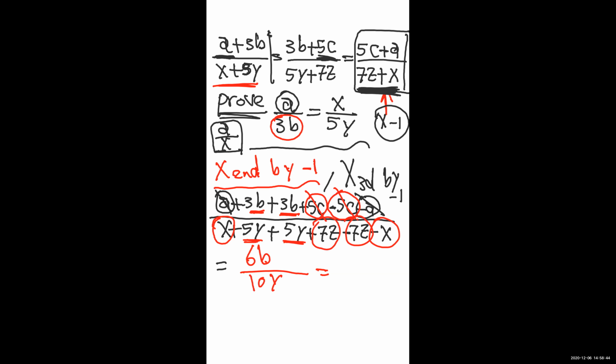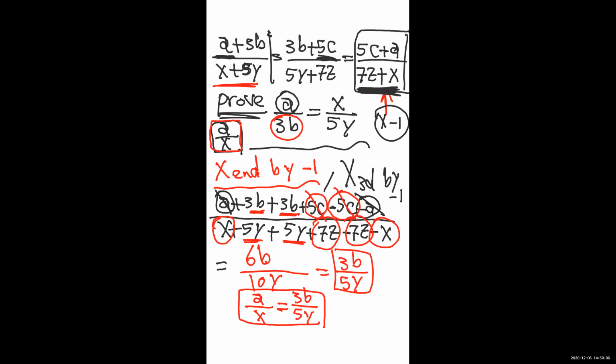Divided by 2, so 3b over 5y. Okay. Now, guys, we got before a over x equals 3b over 5y, right?